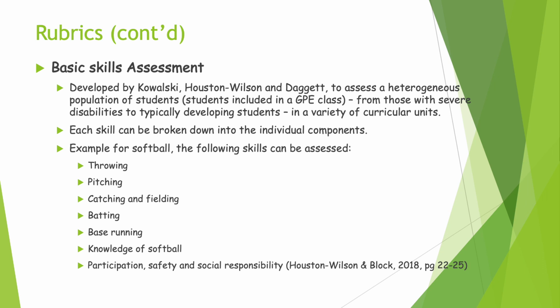Competent then would be throws a ball underhand to a target at a distance of 15 feet, or throws a ball overhand to a target at a distance of 45 feet. So each one of these skills can be broken down even further and given different levels of emerging, basic, and competent. Okay, so that can be quite an extensive assessment.